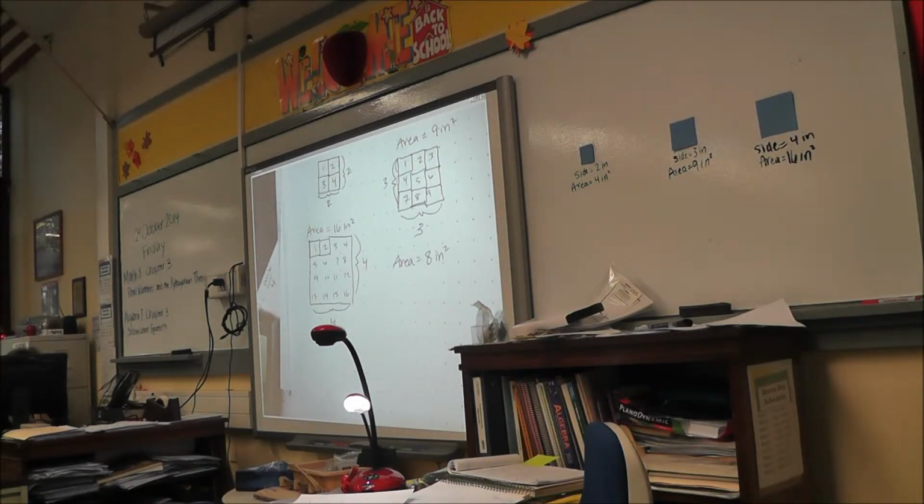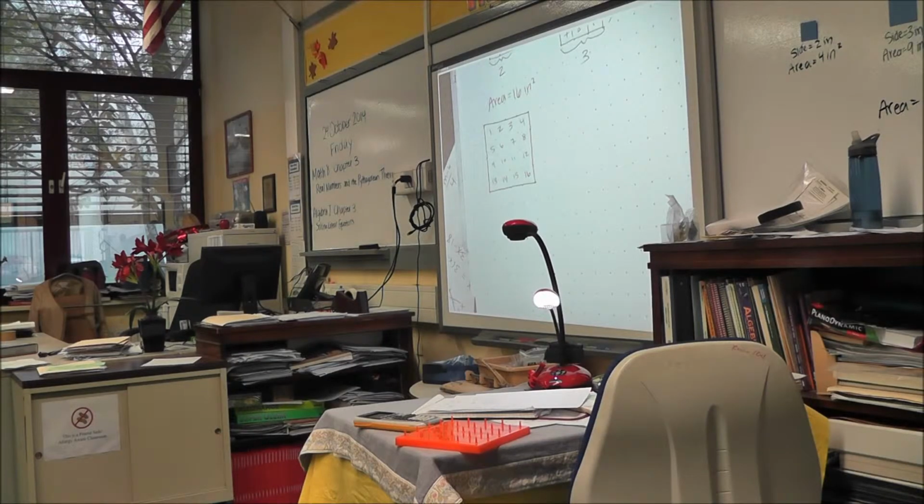What are the properties of a square again? All 4 sides are equal. I want a square, not a rectangle.